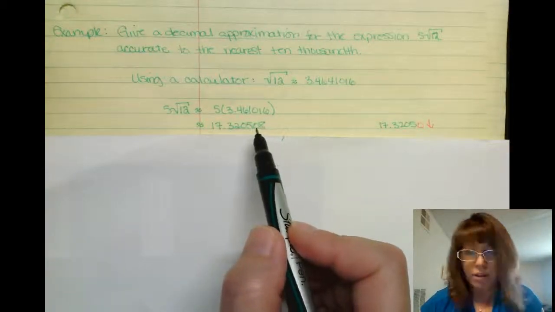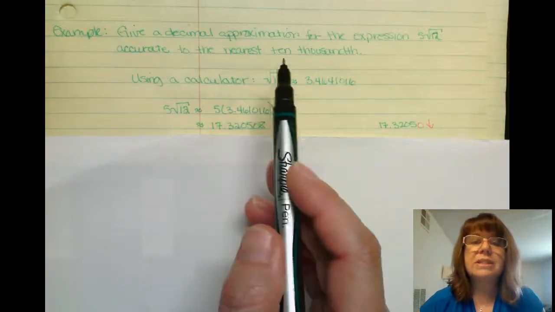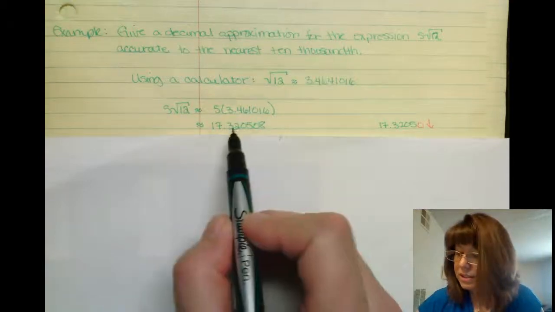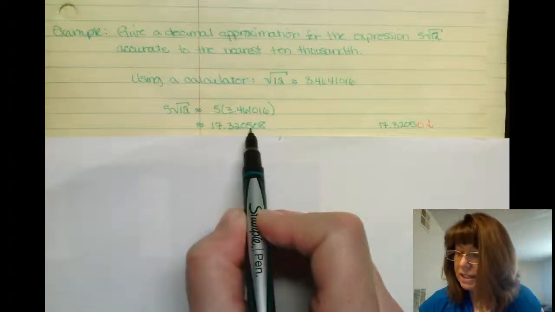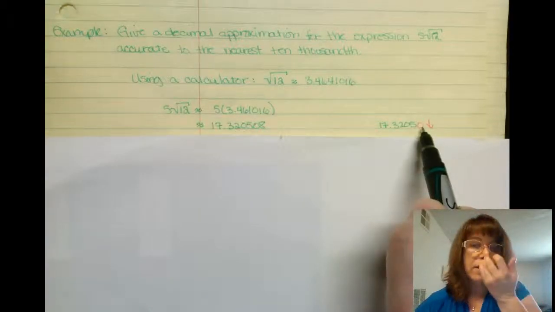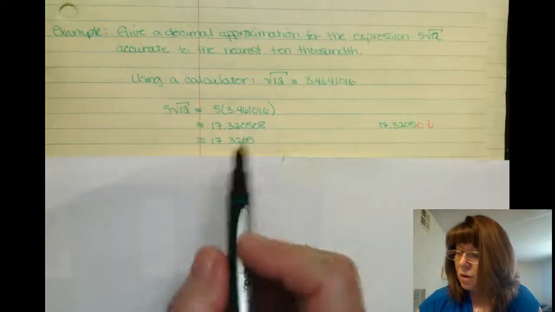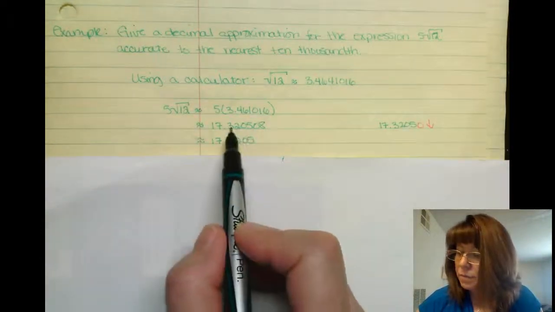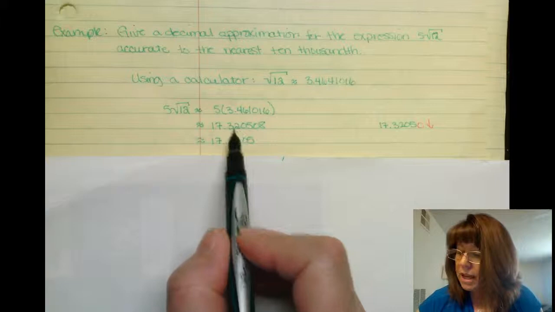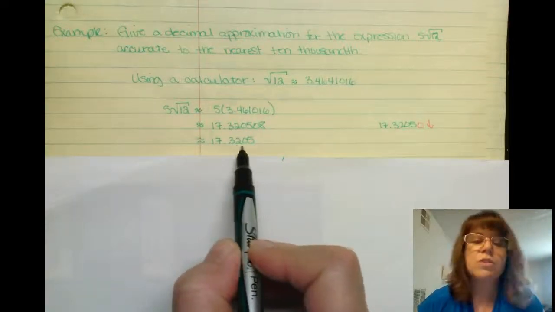And that's just using a calculator. I'm going to be accurate to the nearest 10,000th. Well, I'm going to look at the 0, which is lower than 5, so I'm going to leave the 5 alone. So it is going to be approximately 17.3205.